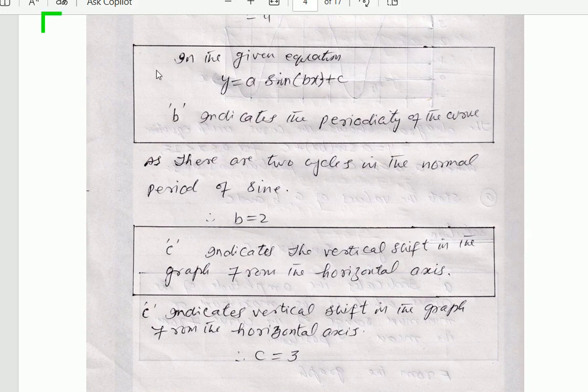In the given equation, y equals a sin bx plus c, b indicates the periodicity of the curve. As there are two cycles in the normal period of sine theta, b equals 2. So there are two cycles in the graph. Now I shall explain how we come to know that there are two cycles.